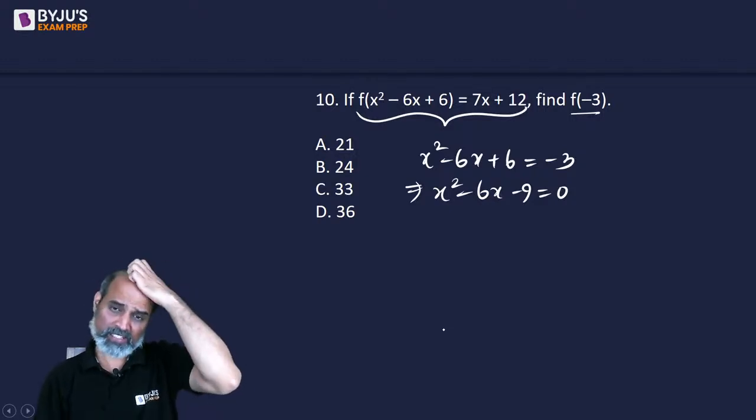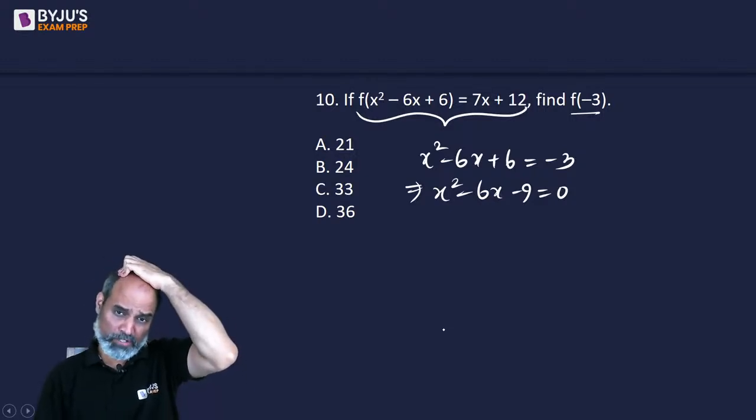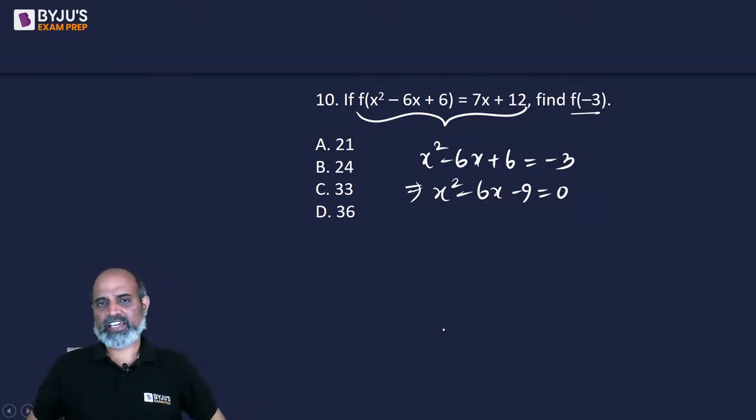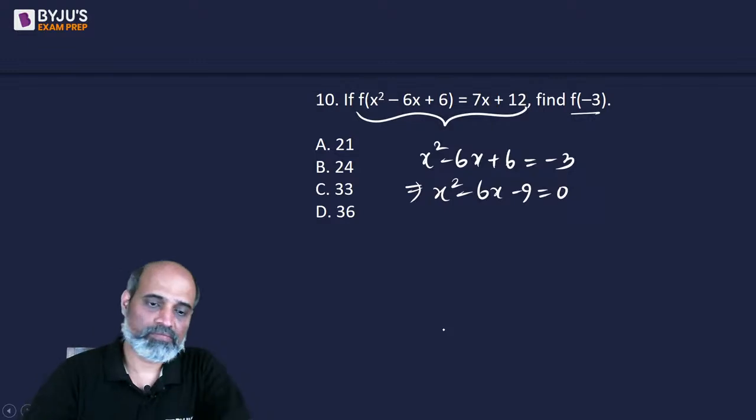What if I take x is equal to 6? It will give me 6. What if I take x is equal to 7? What if I take x is equal to 5? 25 minus 30 plus 6. Then 4: 16 plus 6, 22, minus 24. Then 3: 9 plus 6, 15 minus 18, right?